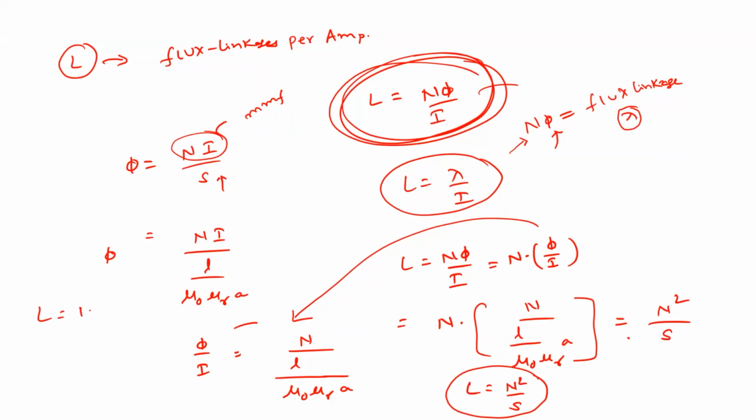From the definition, L equal to N phi, flux linkages, by I. And E equal to L into di by dt. So these are the different forms of inductance.